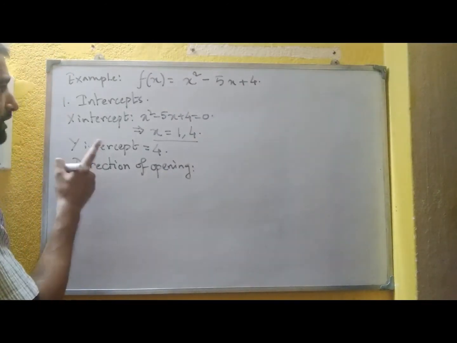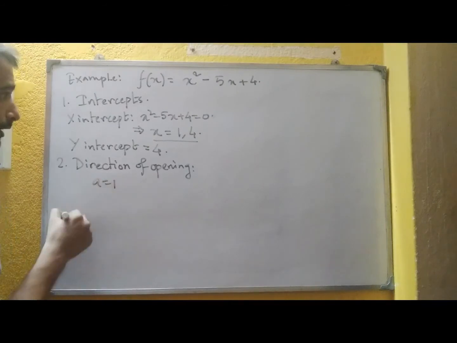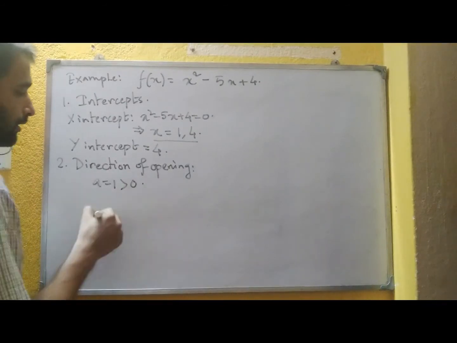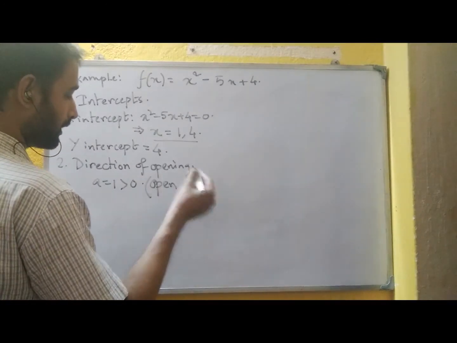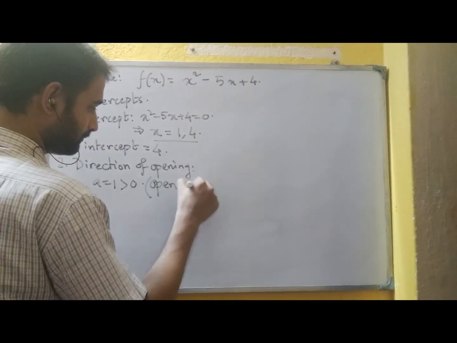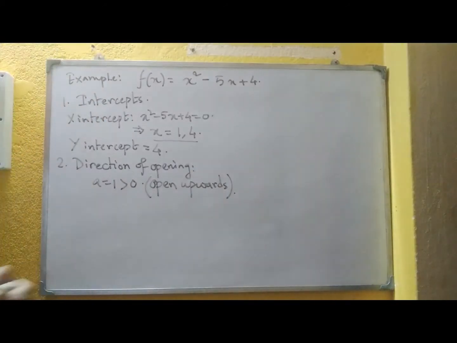See here, the expression is x square minus 5x plus 4. That means here a is 1, which is greater than 0. So we can say that the graph will be open upwards, and it will have a minimum value at the vertex.